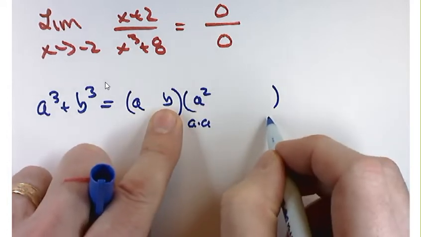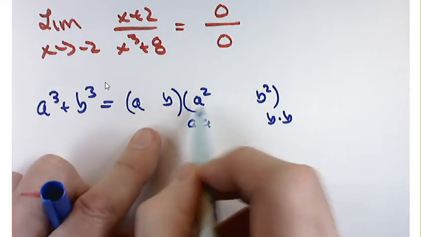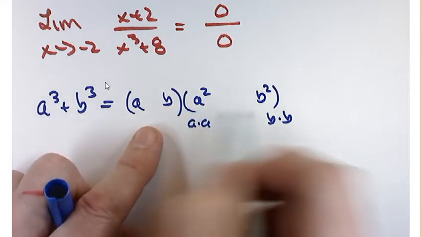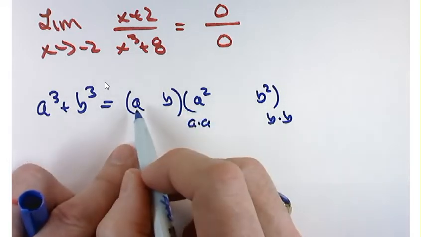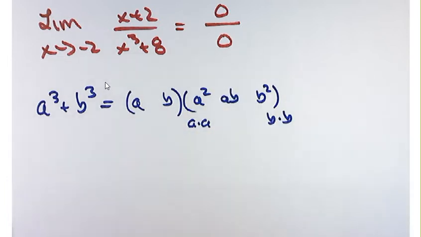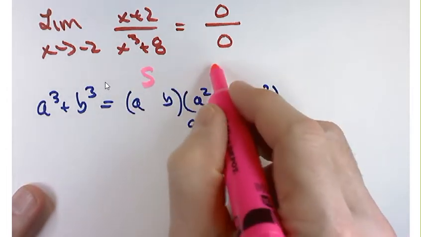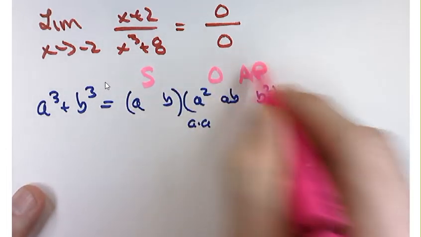Let's take the second letter, B times B, B squared. This is a trinomial, so I need to do something different to get the middle term, and what I'll do is I'll just take A times B. Yay. So I'm looking good, except I don't have the signs that I need here. And the signs that I need here follow this acronym. Same sign, opposite sign, always positive.